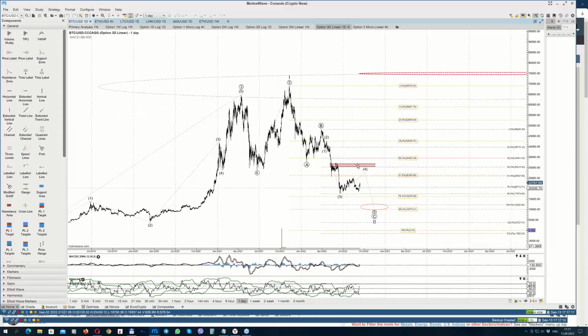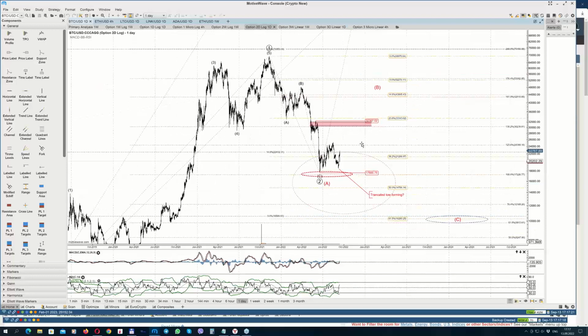Below 30,000 region, we have no evident signals of a meaningful low. Moreover, in the case we take out beyond 30,000 region, please take a look at this red count. Waves A, B, and C within this red B could only set up further decline towards the same 10,000 area in accordance with this wave C count.